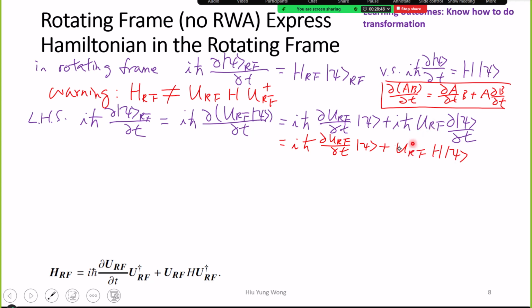Because I keep U_RF here, and this is i h-bar partial psi partial t. This is the Schrodinger equation in the lab frame, so this gives me H psi. The reason I do it is because I already know what I'm doing, because I want to get this one. Is this okay? I just substitute this from here.